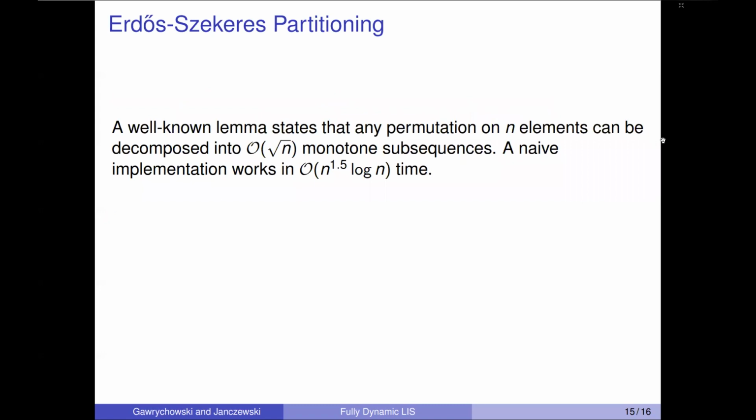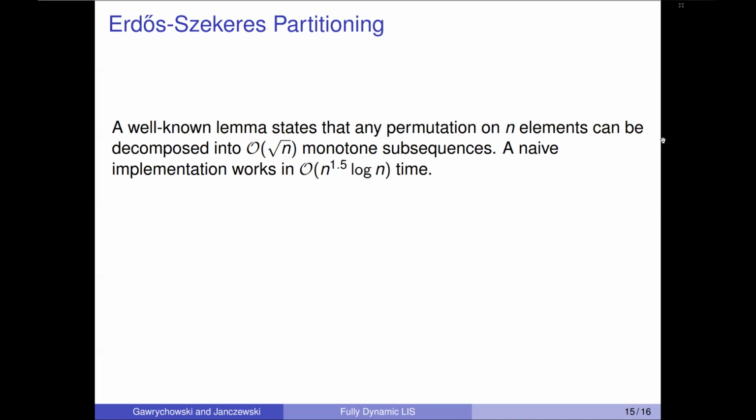So one particularly nice application of our solution is to Erdős–Szekeres partitioning. So it is well known that a permutation of n elements contains either an increasing or a decreasing subsequence of length at least square root of n.